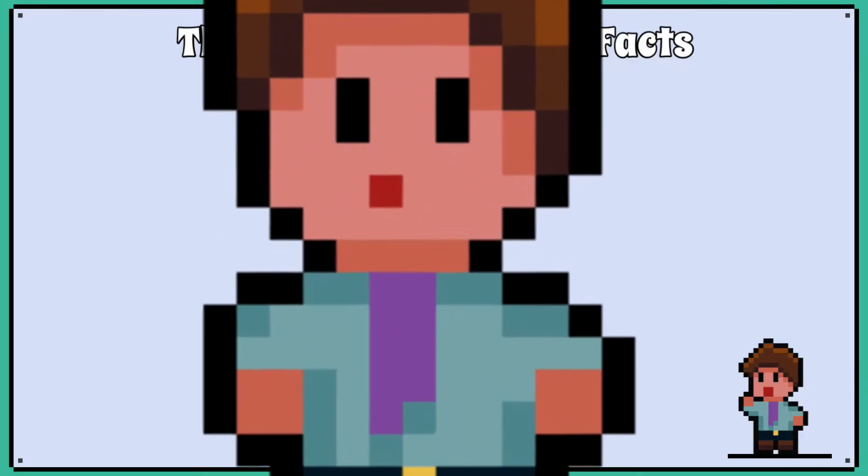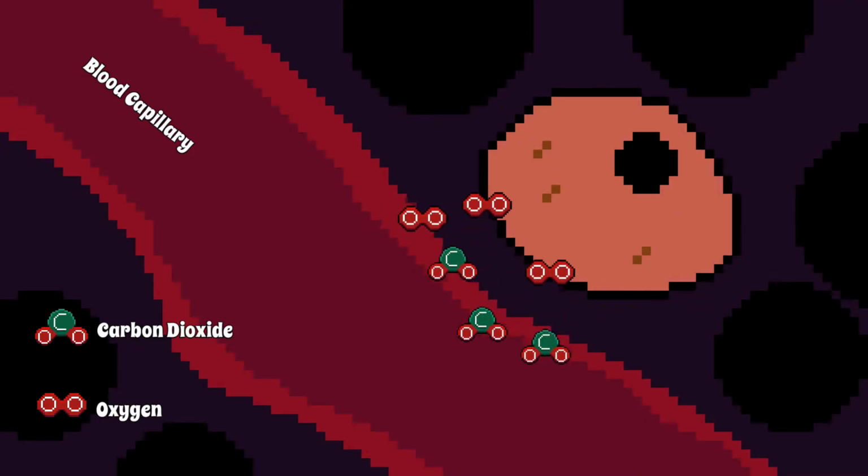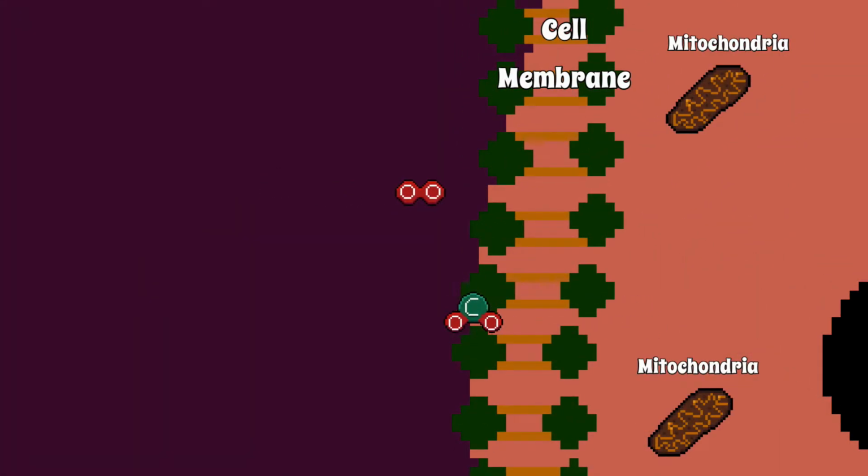In the context of biology, diffusion of oxygen and carbon dioxide occurs all the time between cells and the blood. Oxygen and carbon dioxide molecules, or particles, are so small they can fit through the cell membrane pores.